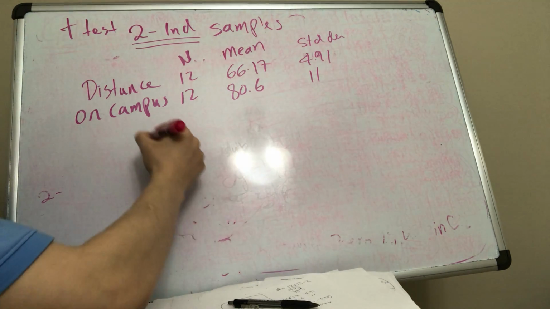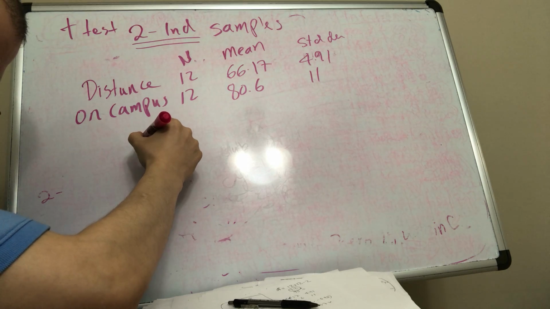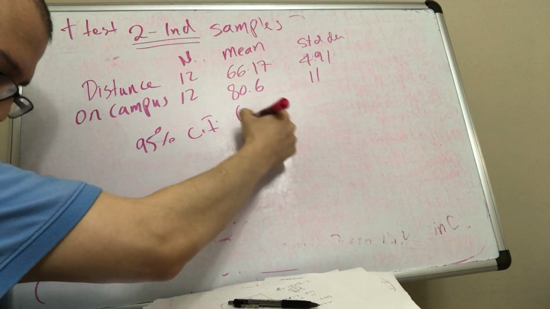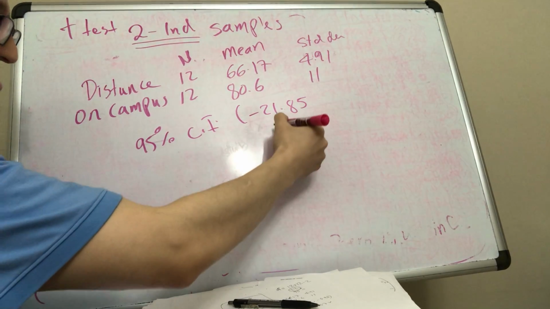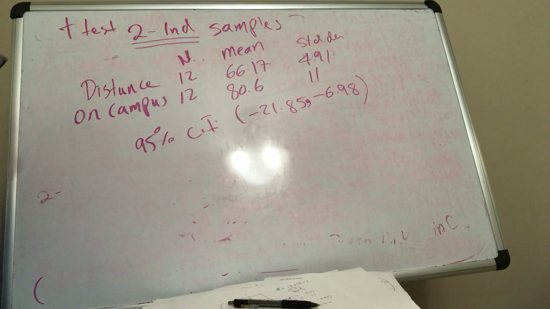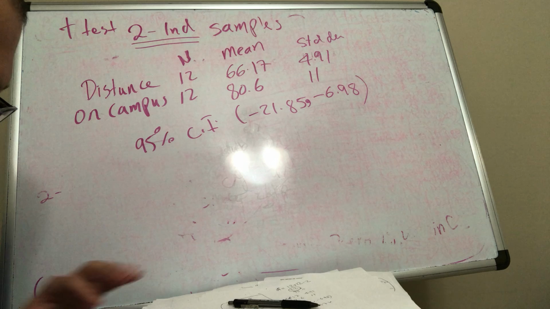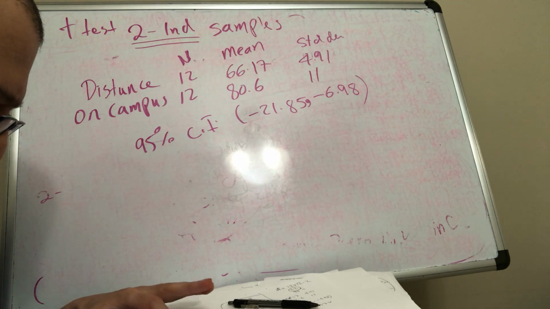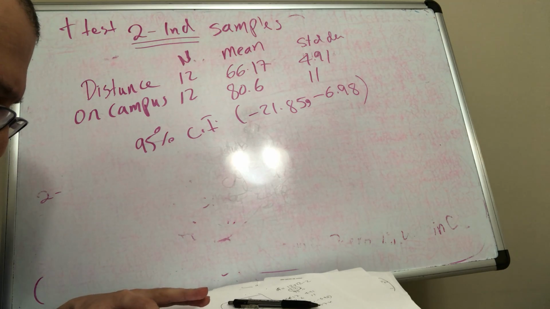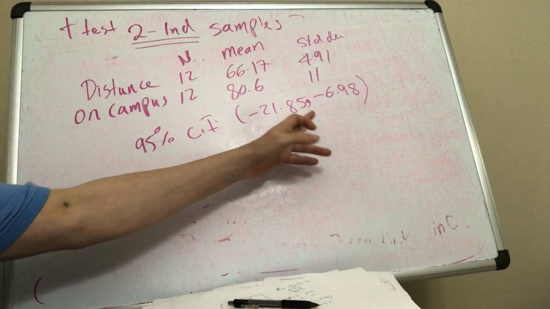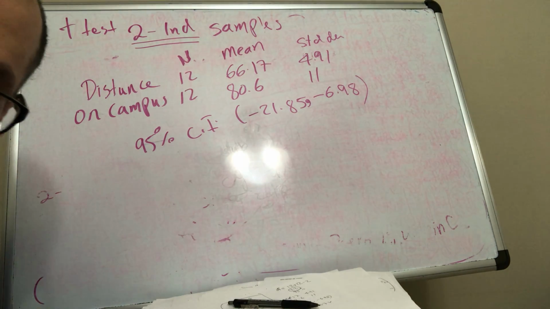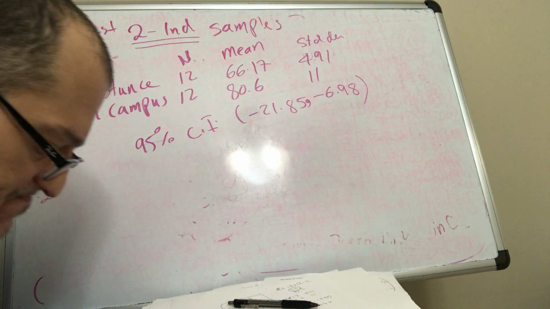And they tell you that the 95% confidence interval was between the two numbers negative 21.85 and negative 6.98. The question is, interpret this interval in English. And they tell you, assume that all the assumptions are met.